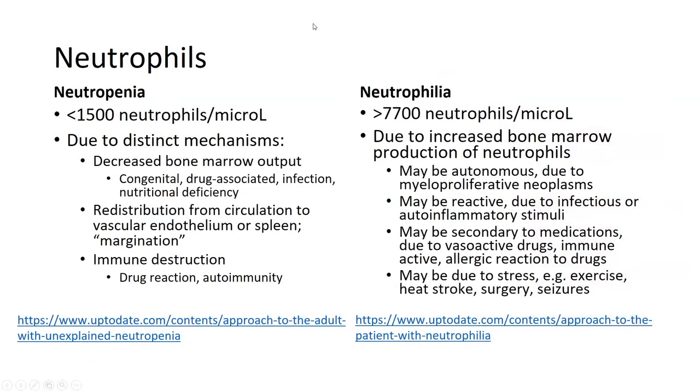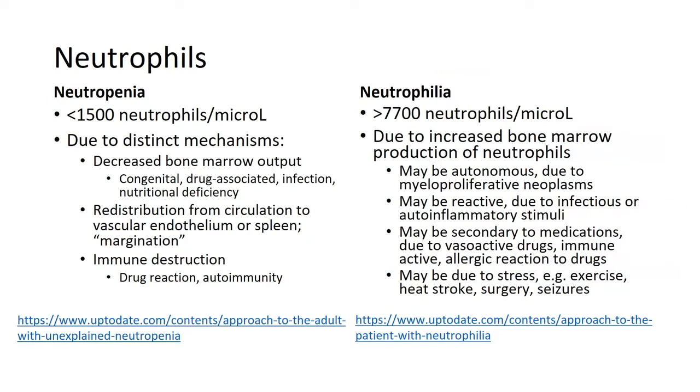All right. So insufficient numbers of neutrophils result in neutropenia. That's when you have fewer than 1,500 neutrophils per microliter. And there are distinct mechanisms that can cause that. It can be due to decreased bone marrow output, such as due to infection or a congenital defect or a nutritional deficiency.